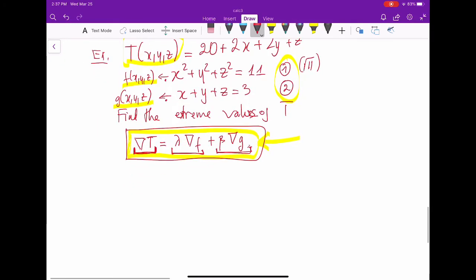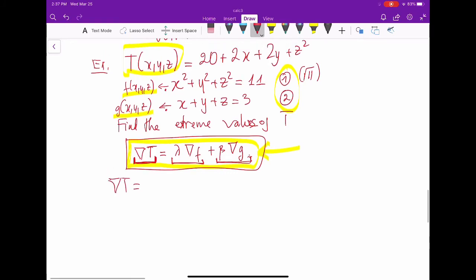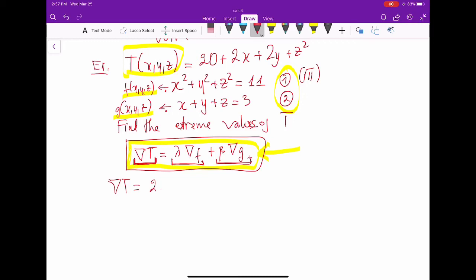Let's find gradient of t. That is 2, 2, and 2z. Gradient of f is 2x, 2y, and 2z. Gradient of g is 1, 1, and 1, which is good.